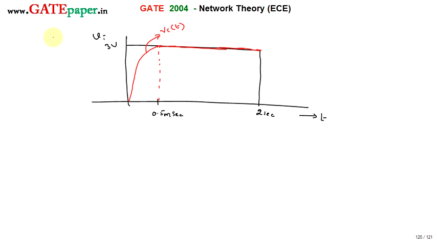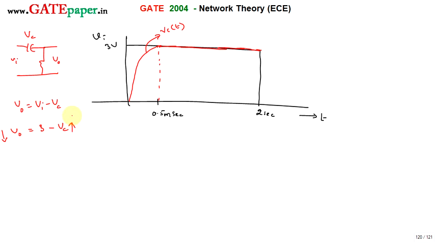And for a simple RC circuit, given V0, this is Vc, this is Vi. So V0 can be written as Vi minus Vc. As the capacitor voltage Vc increases and the input voltage is constant at 3, V0 has to decrease.